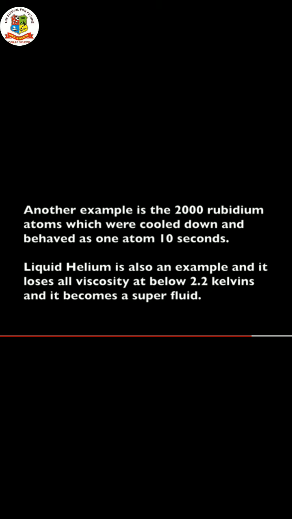This is the speciality of Bose condensates. When separate atoms or particles are cooled down, they behave as a single one. This is the fifth state of matter, and it is made by humans.